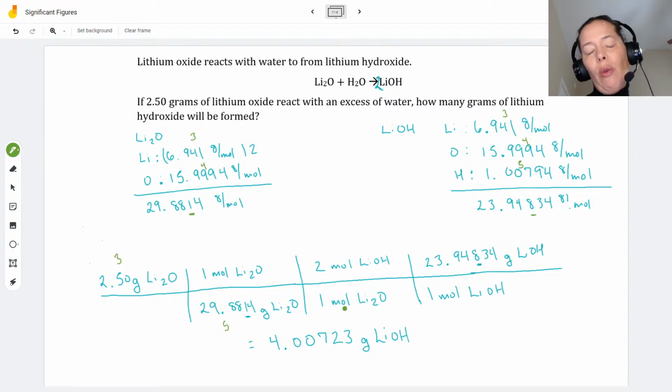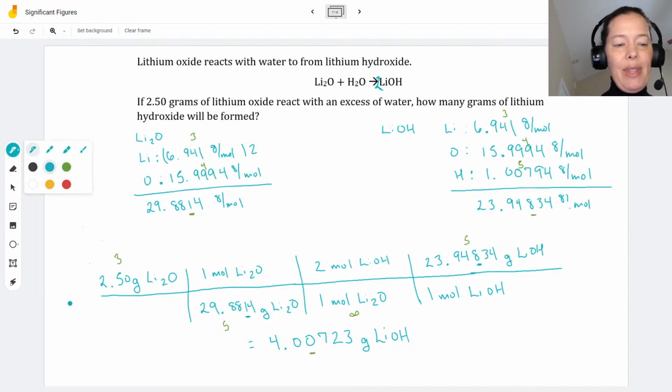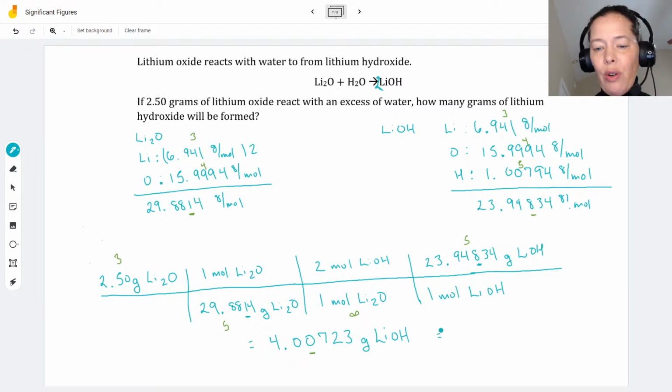Your mole ratio is another one of these exact numbers, so it has an infinite number of sig figs. And then my molar mass for lithium hydroxide has 1, 2, 3, 4, 5 sig figs. So it's looking like my 2.50 grams of lithium oxide is going to limit my final number here, and I have 3 sig figs, so I'm going to need to round to this decimal place right here. So for correct sig figs, the answer would be 4.01 grams of lithium hydroxide.